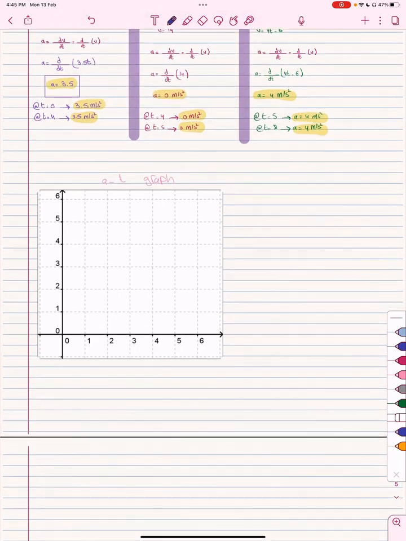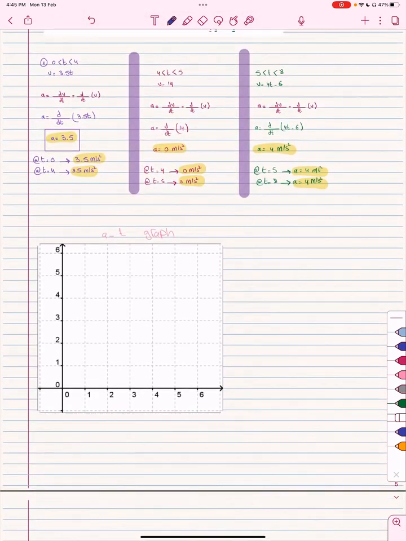So we will say that from 0 to 3.5, you will say that 3.5 is here. And here t from 4 until 0. So you will say that 4 to 0. Then from 5 to 0.